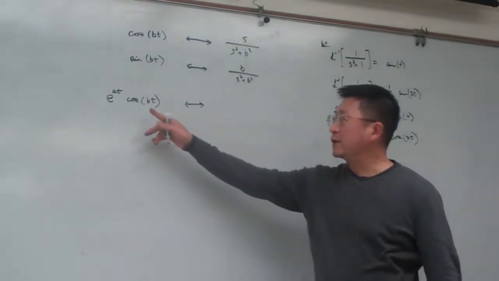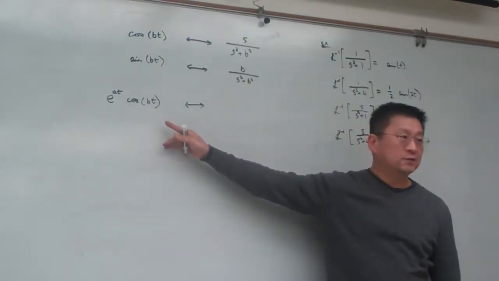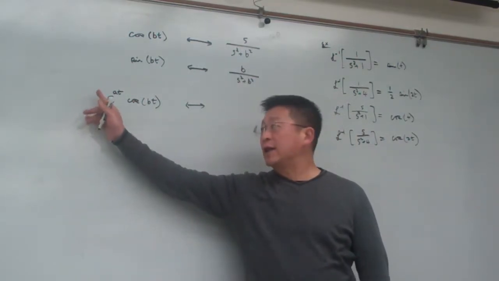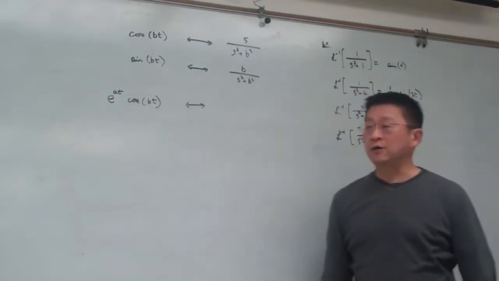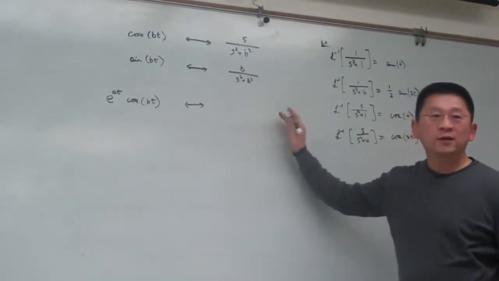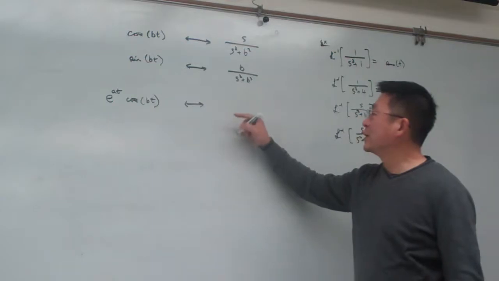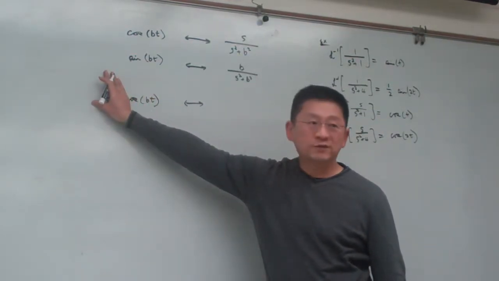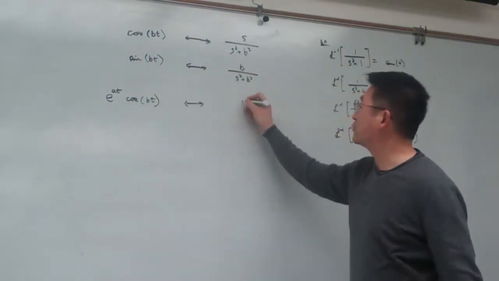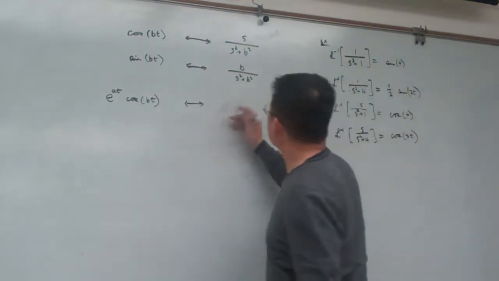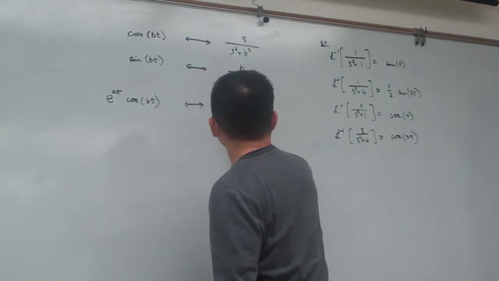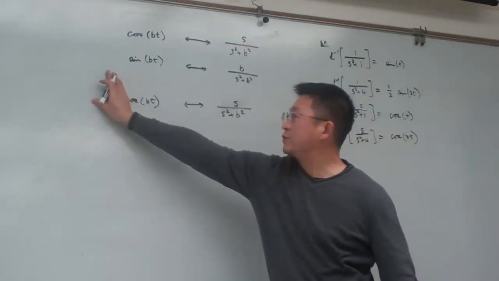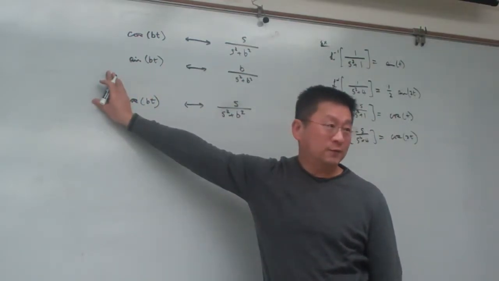In the time domain, for any harmonic function, if it multiplies with an exponent, characterized by a, look at this carefully. For the first one, you look up the pattern for cosine bt, which is s over s squared plus b squared. So this is the pattern without the exponent form.